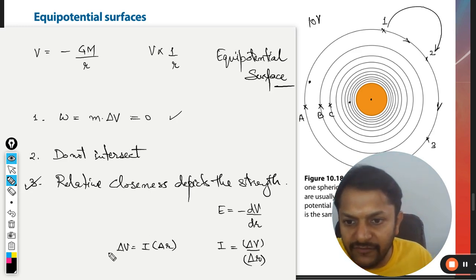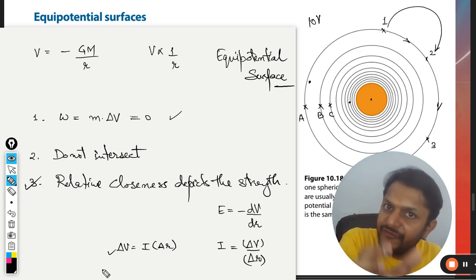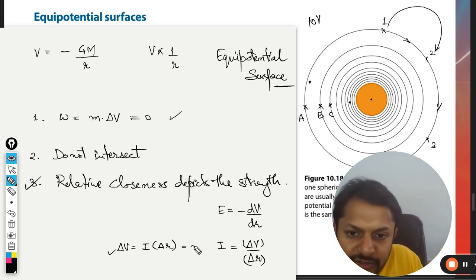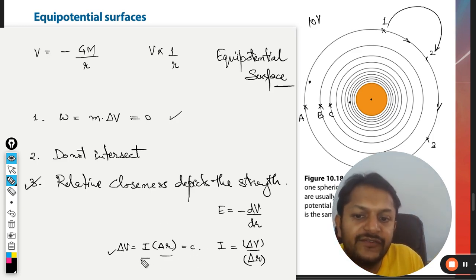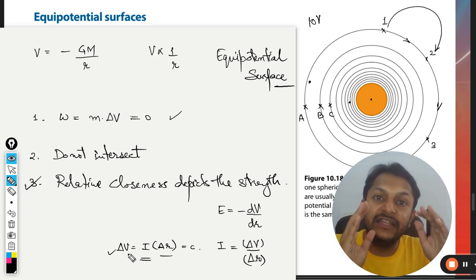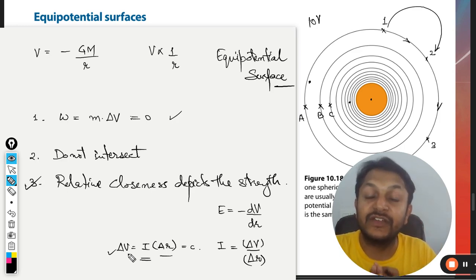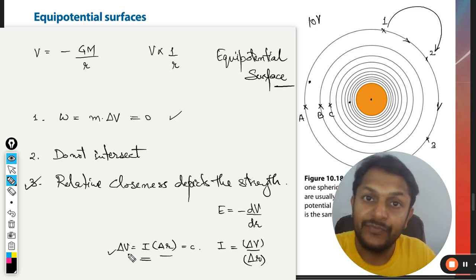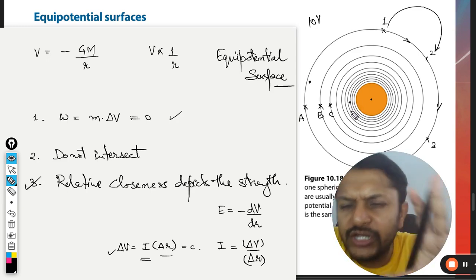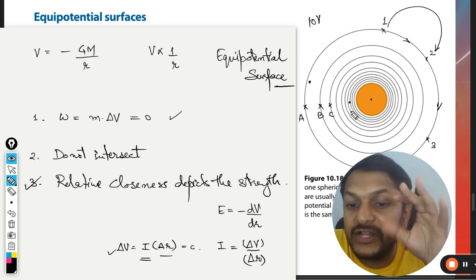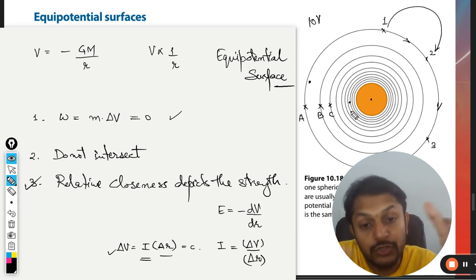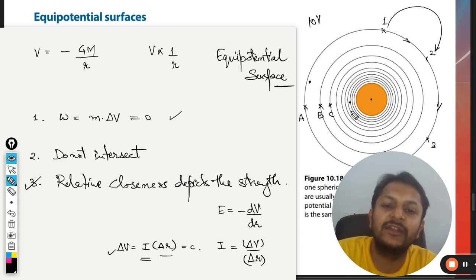Now delta V is the potential difference between the two surfaces, which we are keeping constant. So if this is constant, it means that if the gravitational field strength increases, the distance between the two equipotential surfaces is going to reduce. So they are coming closer to each other. A very important point from the IB point of view. If you're feeling some heat here, no problem with that. You can watch the video again and try to understand what I'm saying.